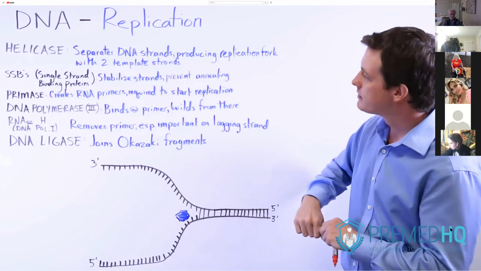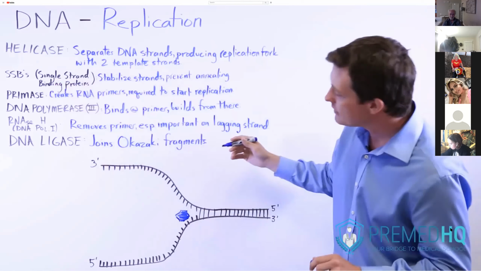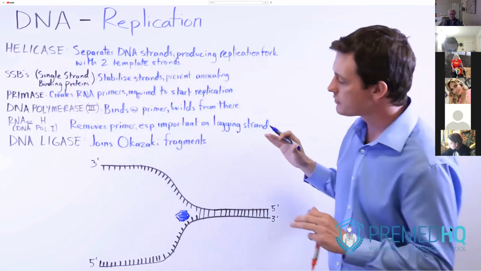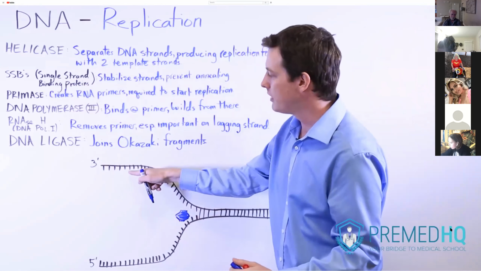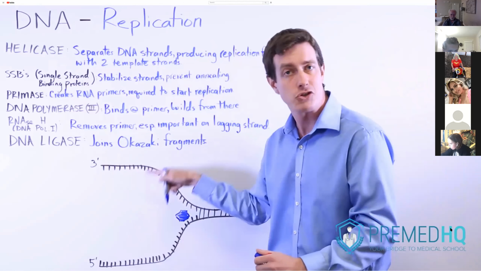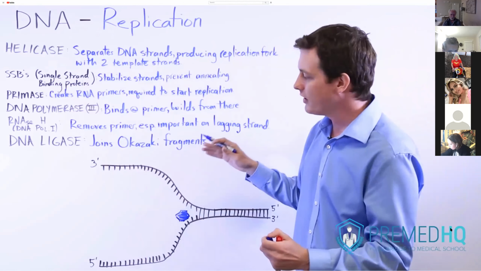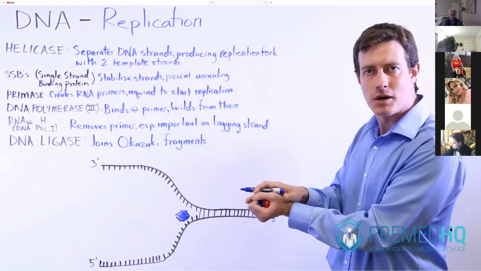Next come single-stranded binding proteins, or SSBs. SSBs are necessary because remember that there is a strong favorable interaction between the base pairs on one strand and the base pairs on the other strand. Remember, these are complementary to each other. And so there is an incentive for them to get back together and bind with those hydrogen bonds.